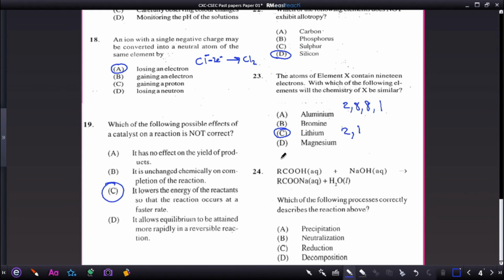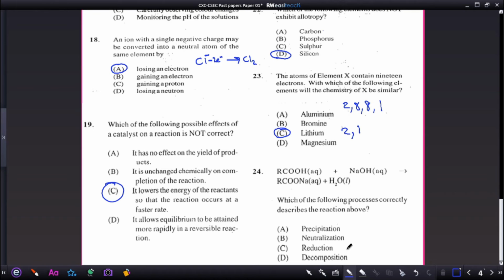Question 24. The carboxylic acid plus sodium hydroxide gives the carboxylate salt plus water. Which of the following processes correctly describes the reaction above? It's not a precipitate reaction.